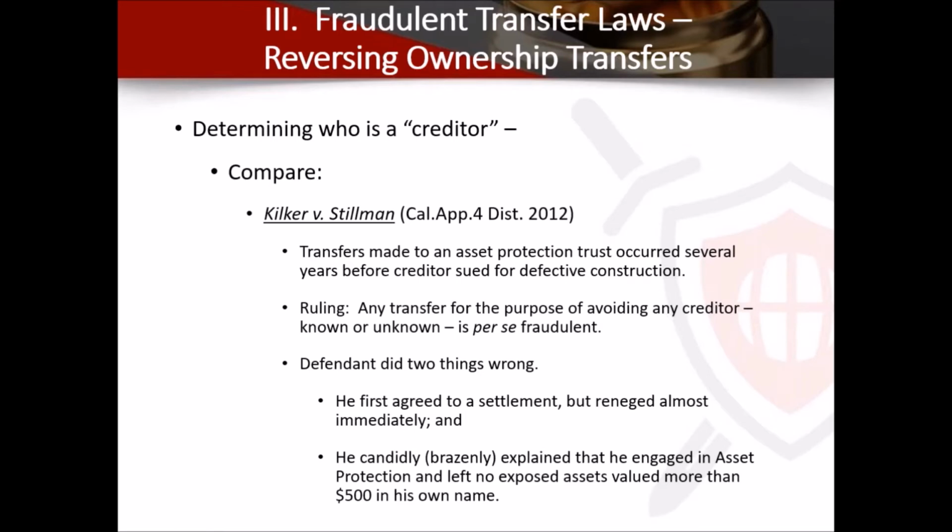A number of years passed. During those years, he had contributed his assets to an asset protection trust in Nevada. It's a very good jurisdiction for that. If someone's single, for instance, it's one of the only ways to really find a good means of asset protection, the domestic asset protection trust. He did it right. He had counsel. He pretty much protected everything he had.